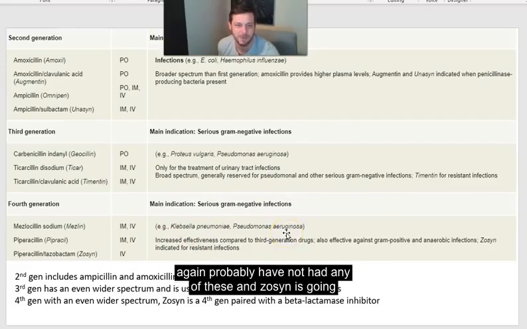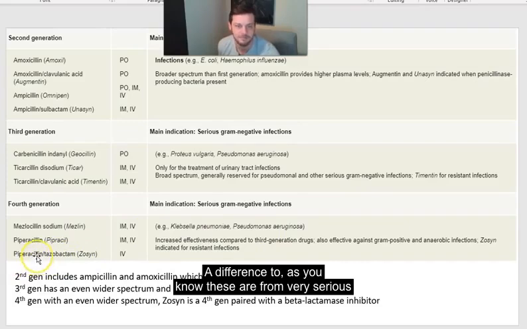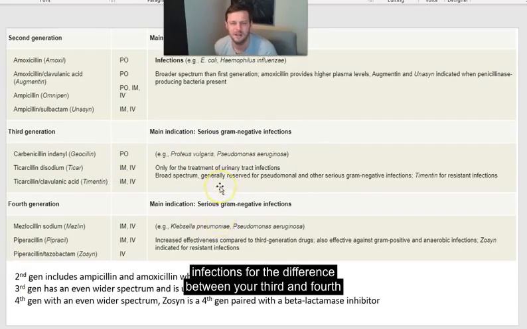Again, probably have not had any of these, and Zosyn is going to be a combo with your tazobactam, which is your beta-lactamase inhibitor, with piperacillin. A difference too, so, you know, these are for very serious infections.